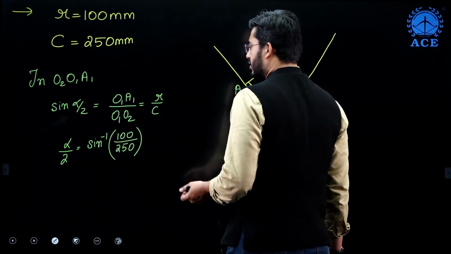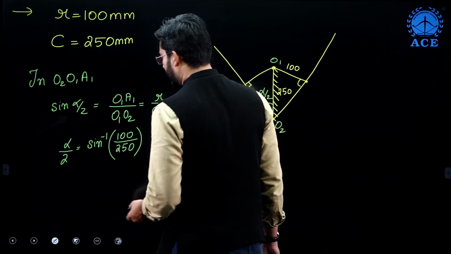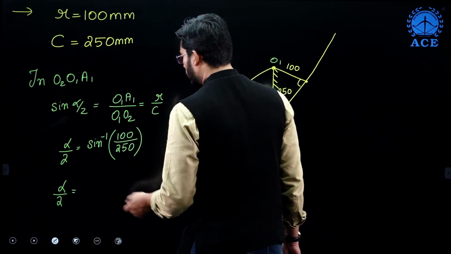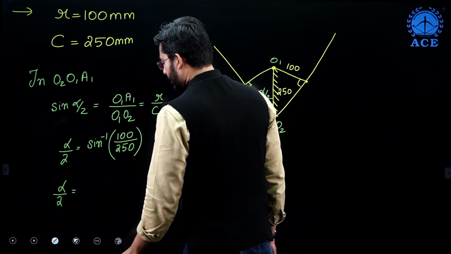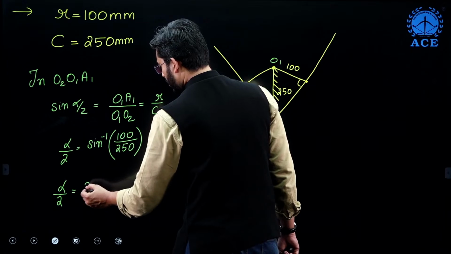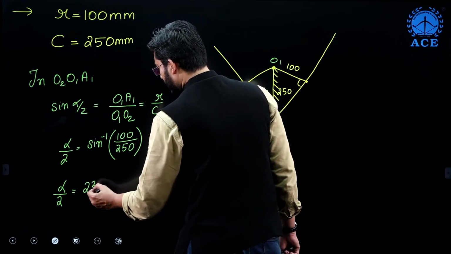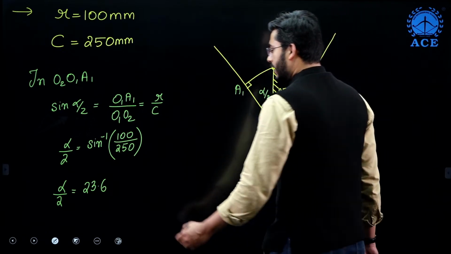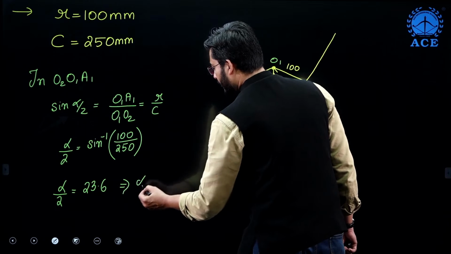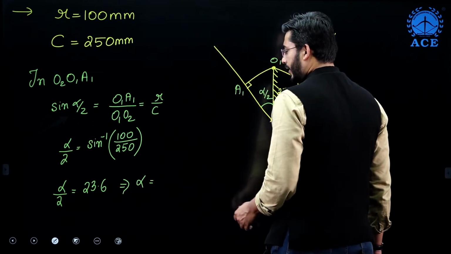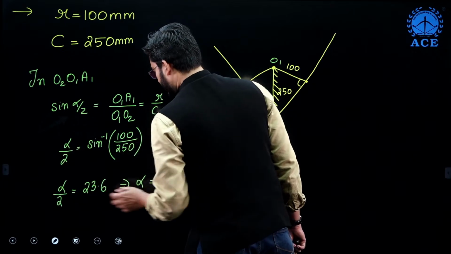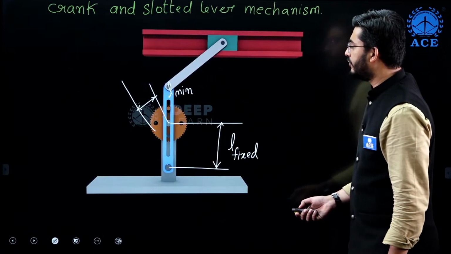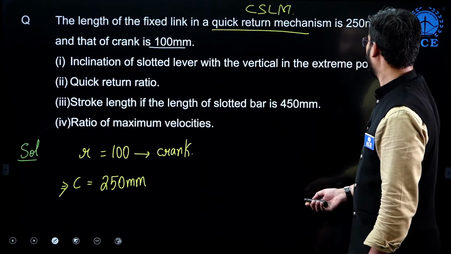Upon solving this, we get alpha by 2 approximately equal to 23.6. And alpha will be equal to twice 23.6, and this is the extreme position of the slotted bar with the vertical.